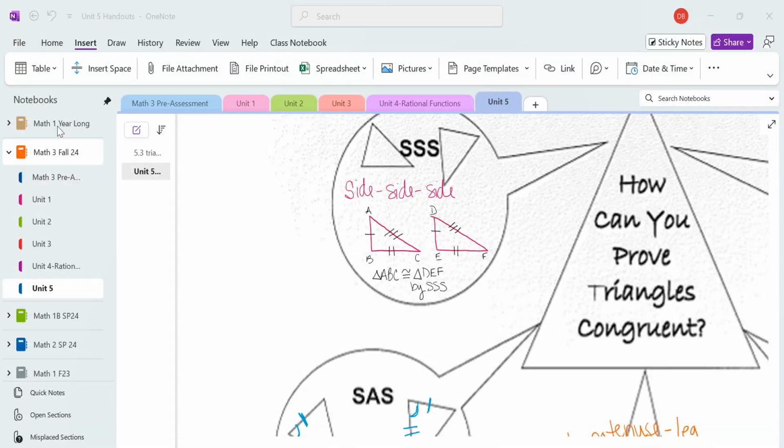Okay, so the first one, triangle congruence flowchart proof. Are you done with looking at that? So here's your first proof.